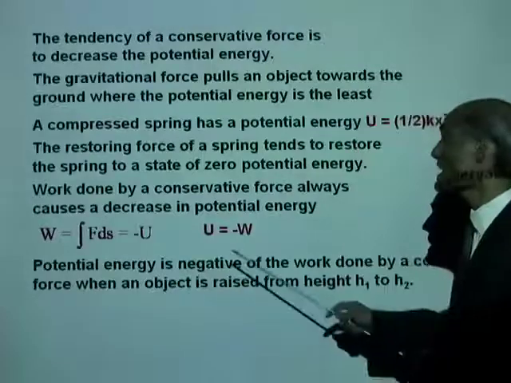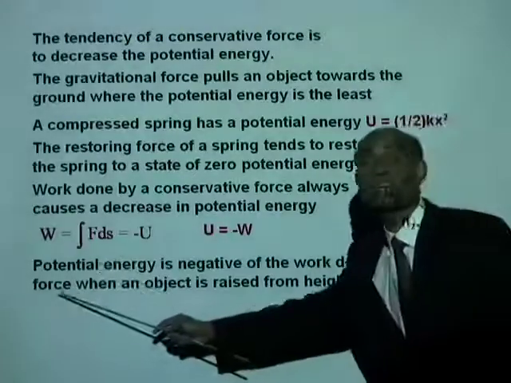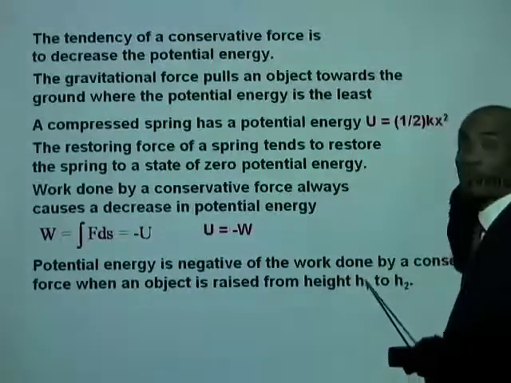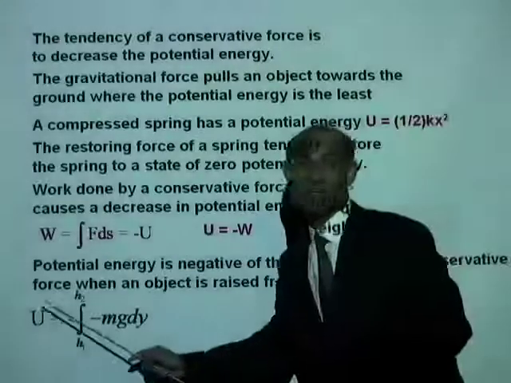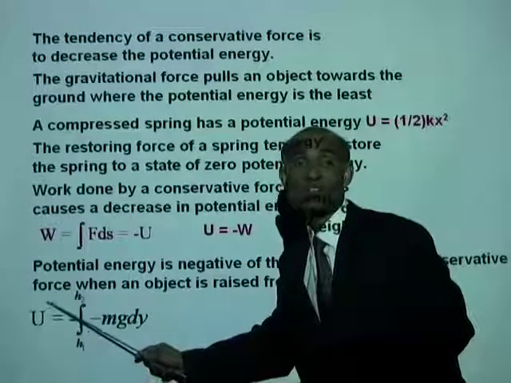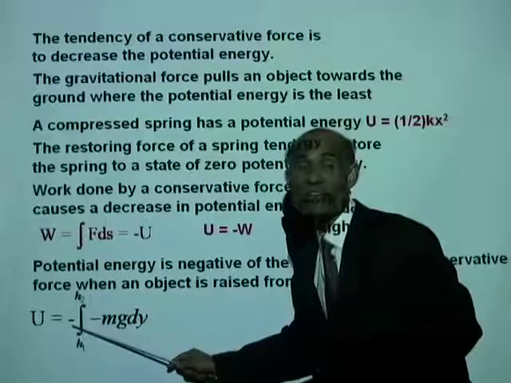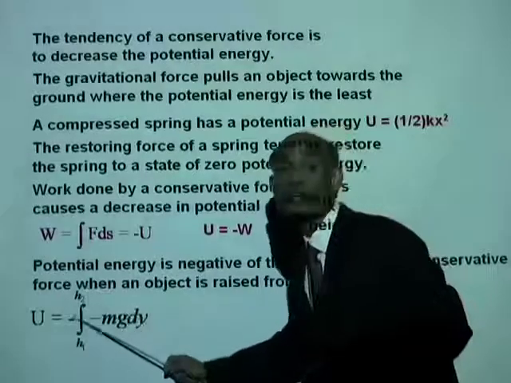Potential energy is the negative of the work done by a conservative force when an object is raised from a height h1 to a height h2. And so, in calculus, we can write it like this. Potential energy equals the negative of the work done.